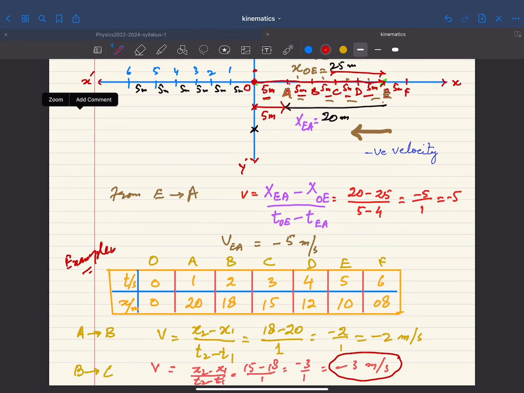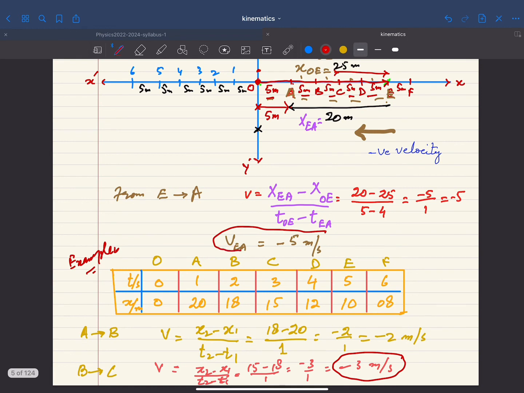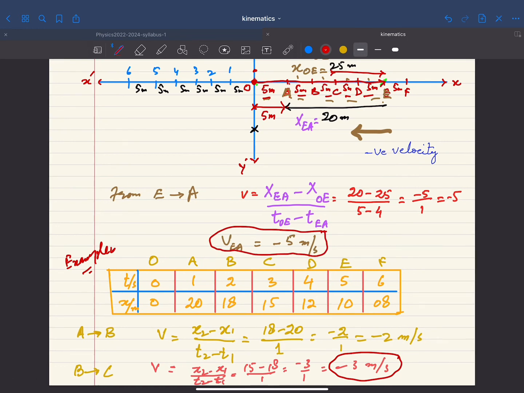So be careful of this difference, that you may have a situation where the negative is only showing you a change in direction, and sometimes it shows a decrease. So this is very important, that here you have the change in direction and you have the change in displacement.